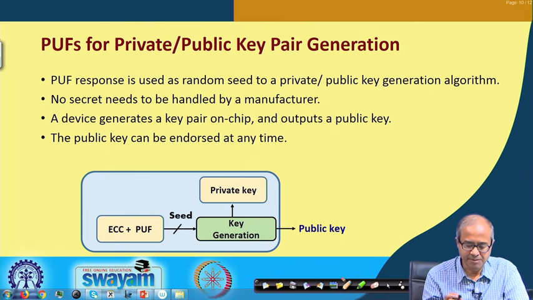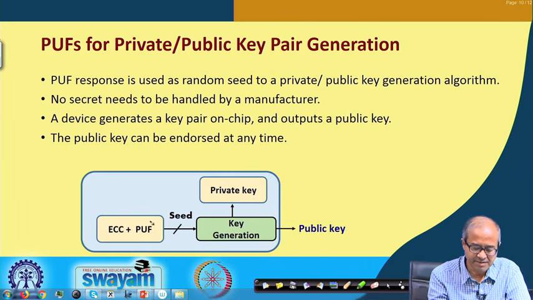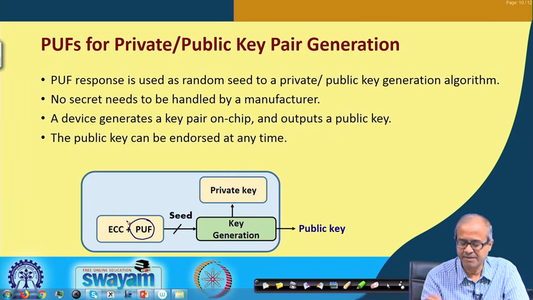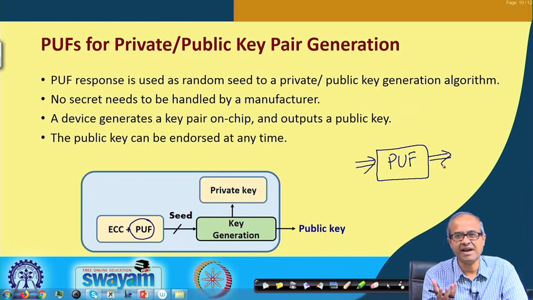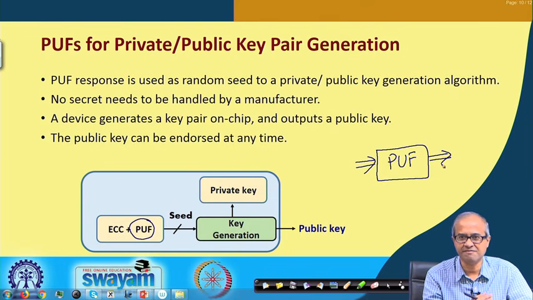Suppose you have a PUF. Whenever you apply some input to a PUF, the response can be considered to be a random number. The response is random, it depends on the intrinsic properties of the device. It varies from one device to another. So, it is truly random.